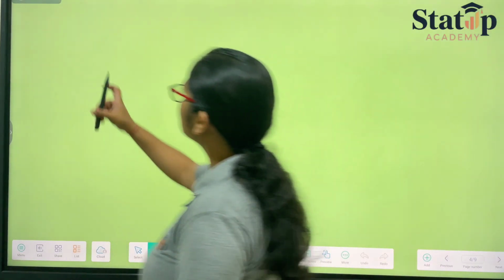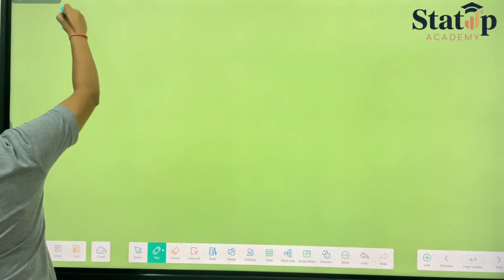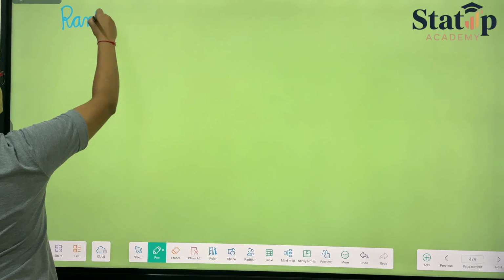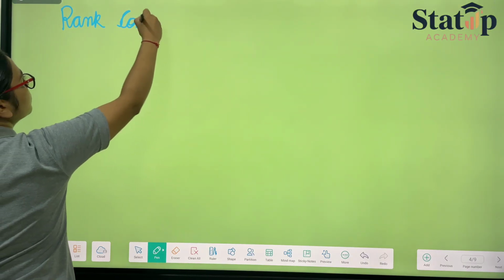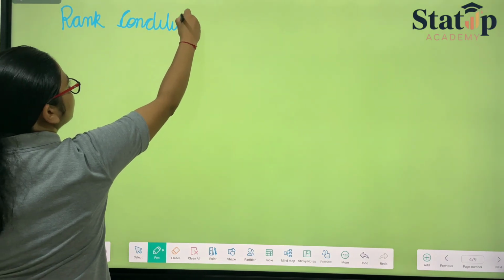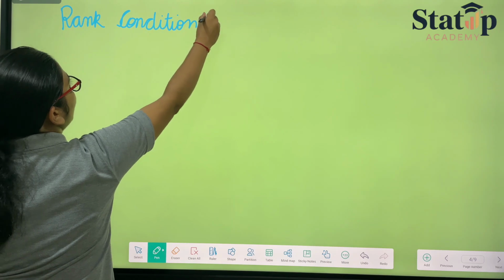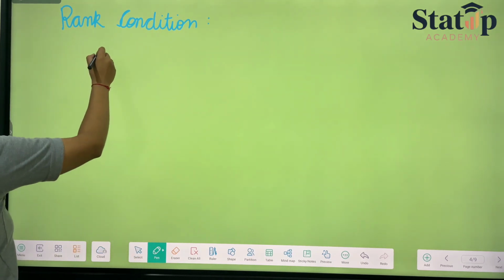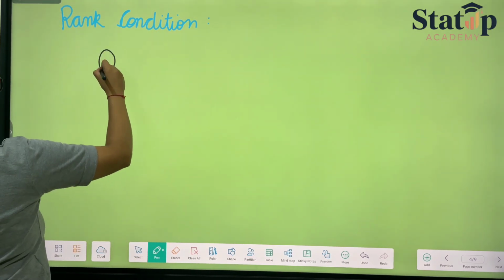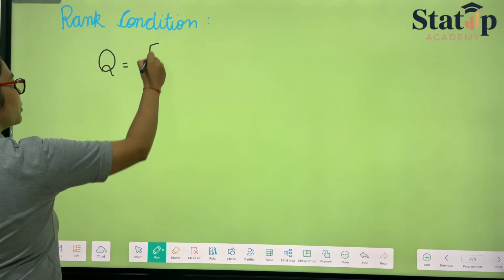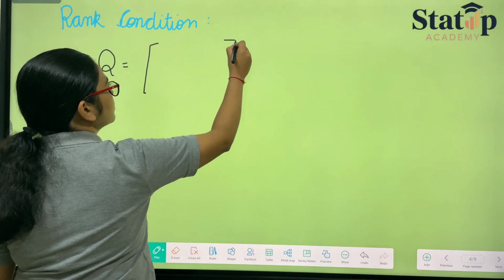Now what does the rank condition say? Firstly we have to find the rank. Firstly we have to find the Q matrix, which will give us the rank.